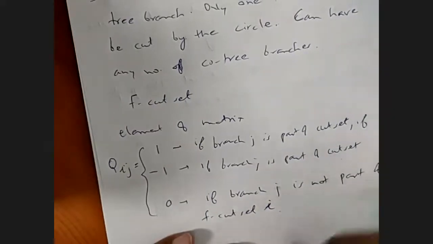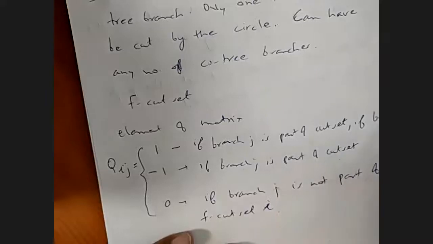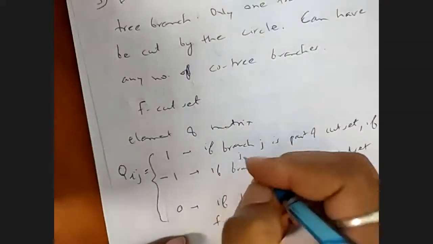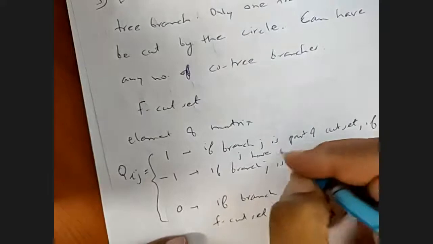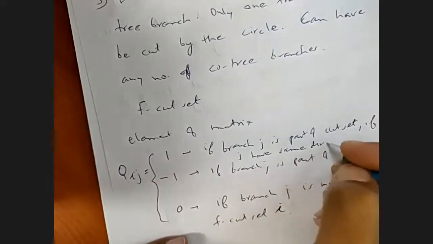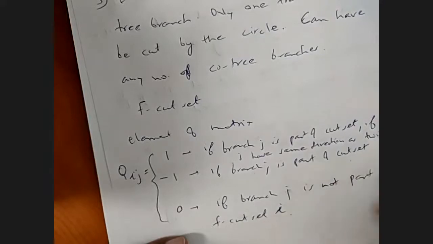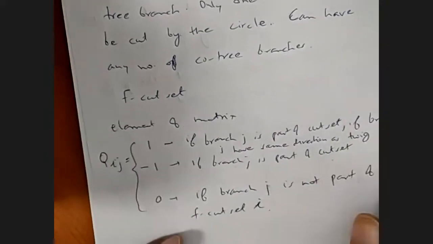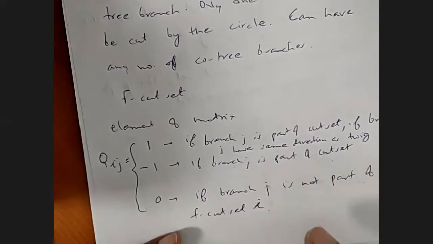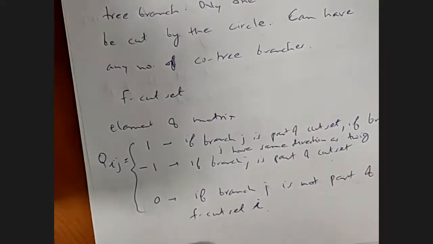If branch j has the same direction as the twig, जिस ट्विग के लिए वो कट सेट बनाया था, अगर उस ट्विग की डायरेक्शन और j की डायरेक्शन सेम है, then it will be +1.